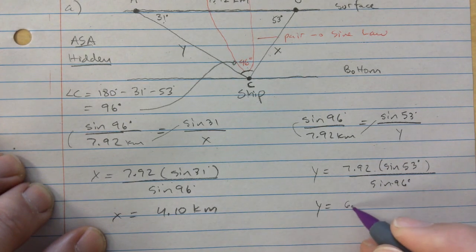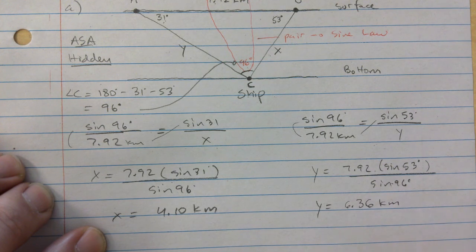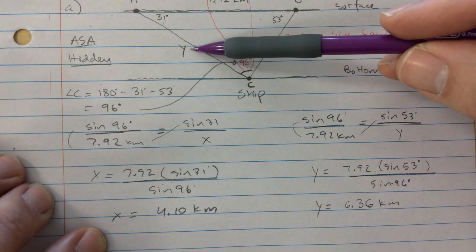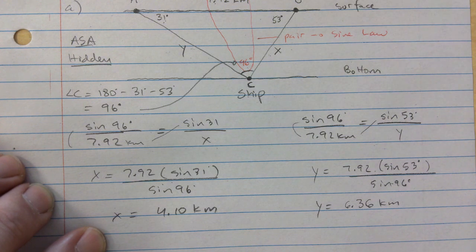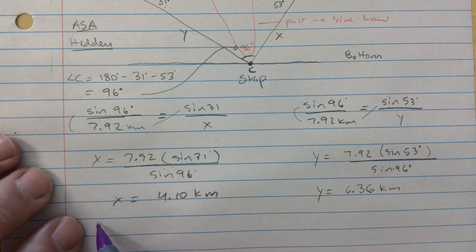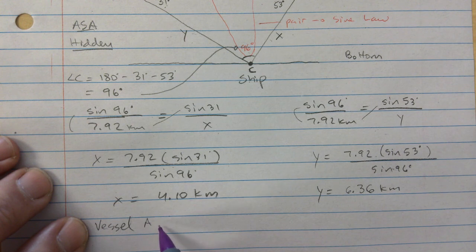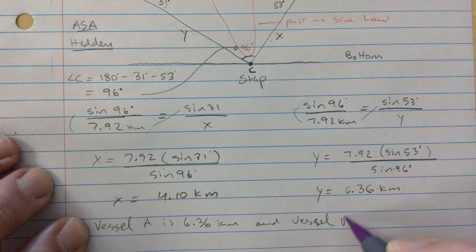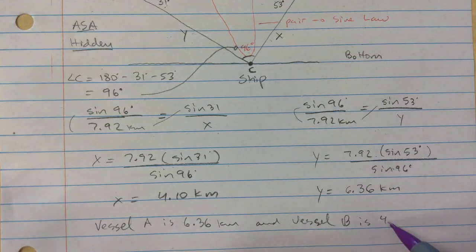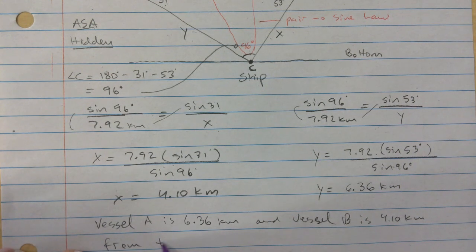And you get 6.36, which makes sense, right? This side length should be longer than X, if you did it right. Vessel A is 6.36 kilometers, and vessel B is 4.10 kilometers from this ship. You have to be careful.